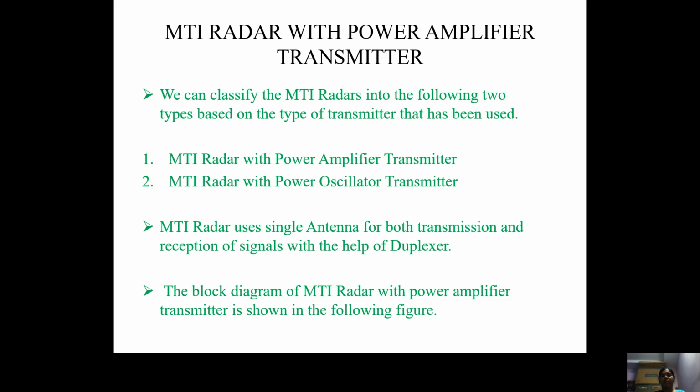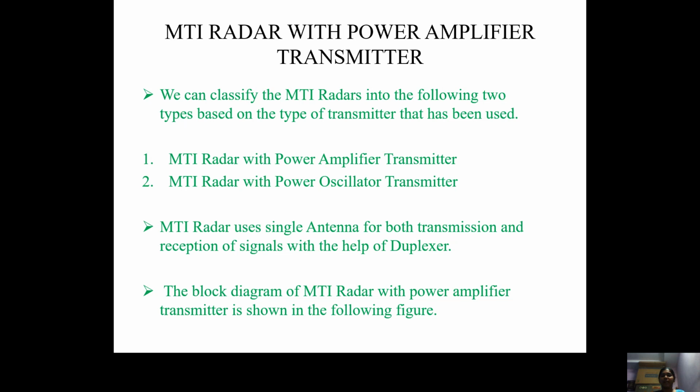So in both types of MTI radars, MTI radar with power amplifier transmitter and MTI radar with power oscillator transmitter, both use a single antenna for the transmission and reception of the signals, which can be done with the help of the duplexer.